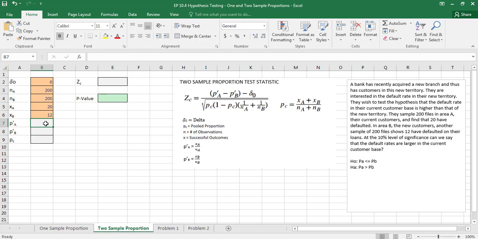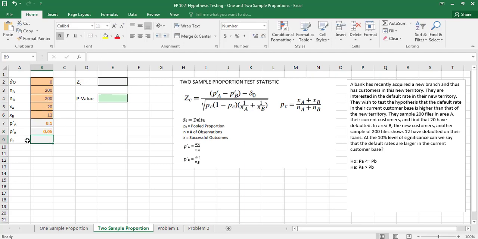Alright, P prime sub A is going to be X sub A divided by N sub A. And P prime sub B is equal to X sub B divided by N sub B.